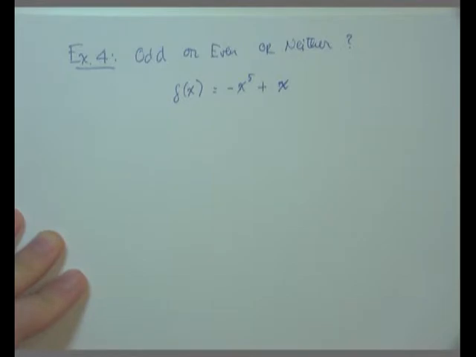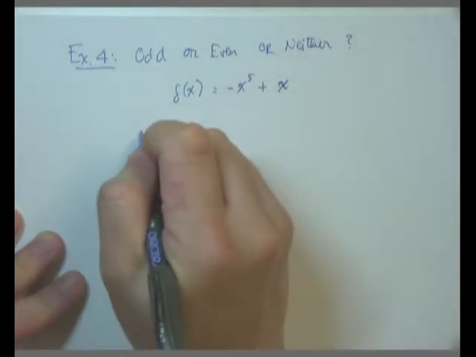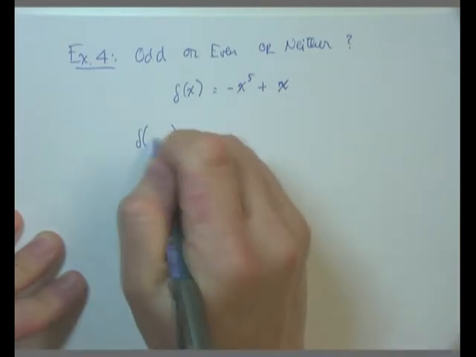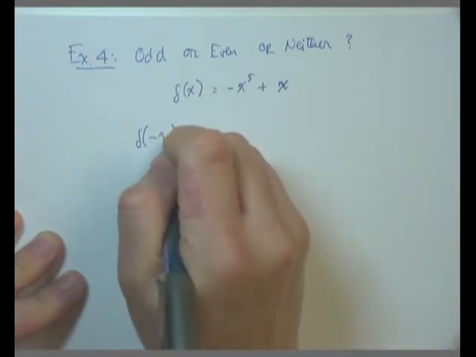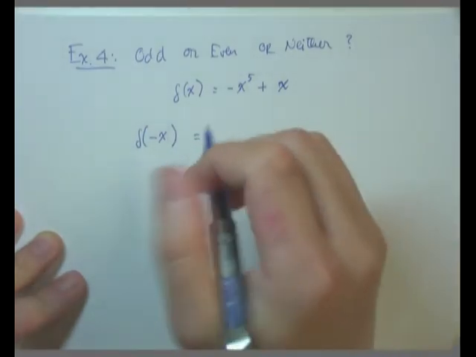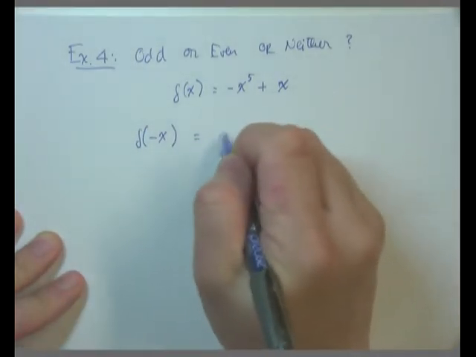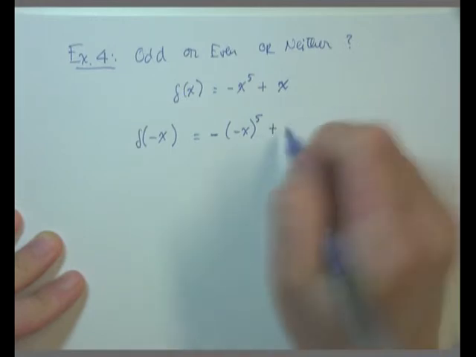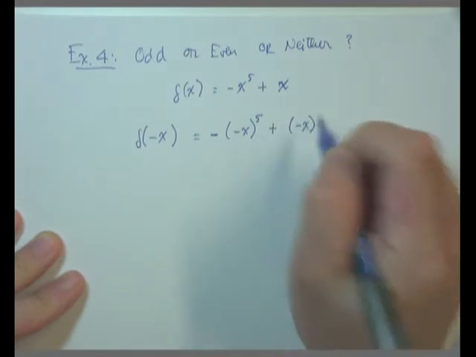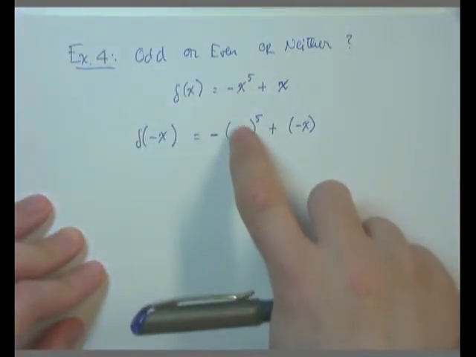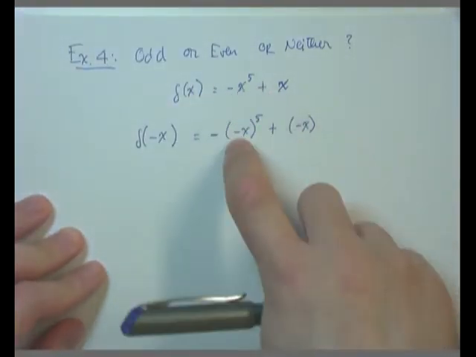Once again the starting point is always going to be to replace the input argument by a minus x, and that goes in to replace the x. So here I have minus, and then minus x all to the 5th power, plus minus x. Keep in mind the reason I'm using parentheses is because I'm indicating an entire substitution of the x.